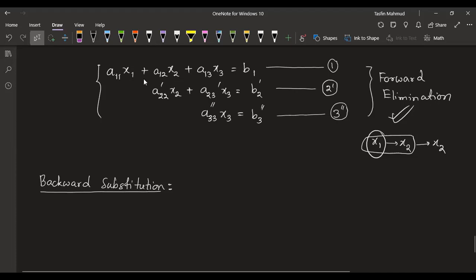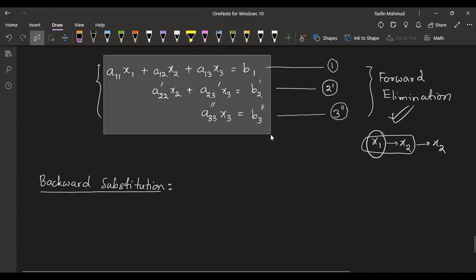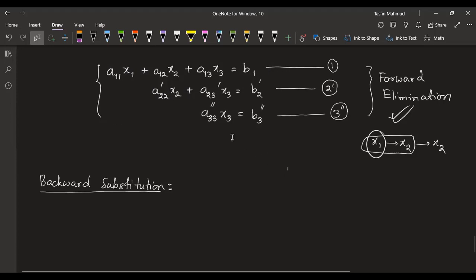By having an overall look, by simple observation, we can easily see that x3 can be found first, right? So that's why we are calling it backward substitution. We will see the meaning of substitution as well. We will first find x3, then x2, and then x1. So we are moving in a backward manner. That's why it's called backward, and we will know why it's called substitution.